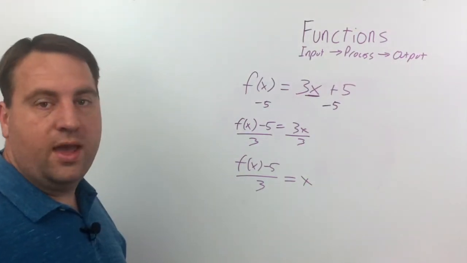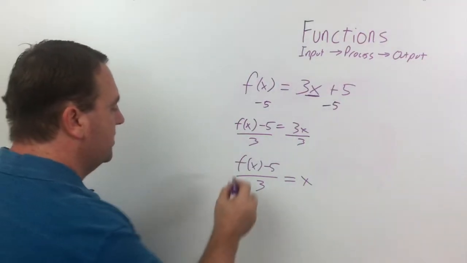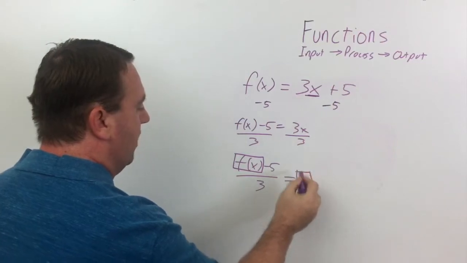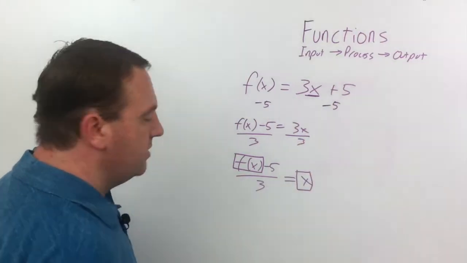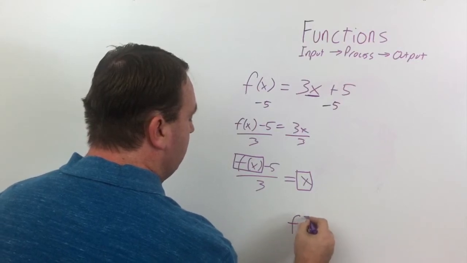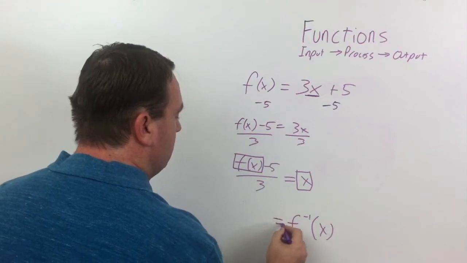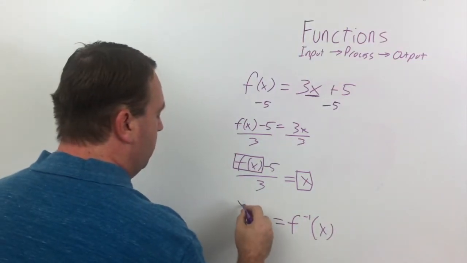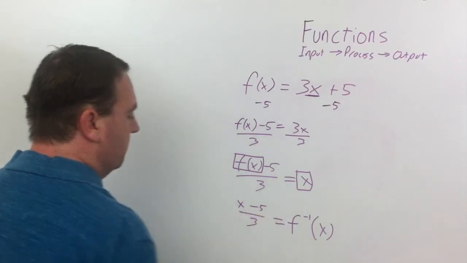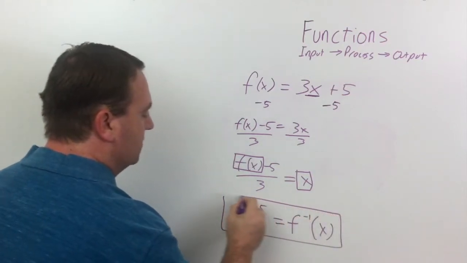Now, because we want to write this as an inverse function, since this is now our input and this is now our output, we write them as such. So we say f inverse of x is equal to x minus 5 over 3. So this is our inverse function.